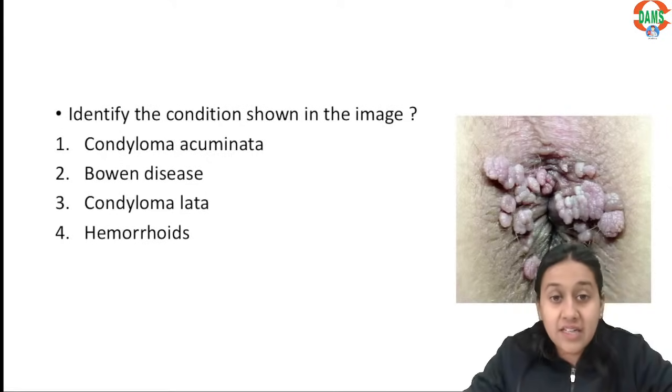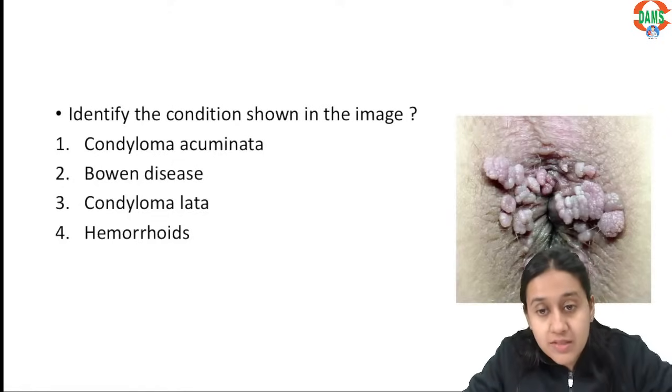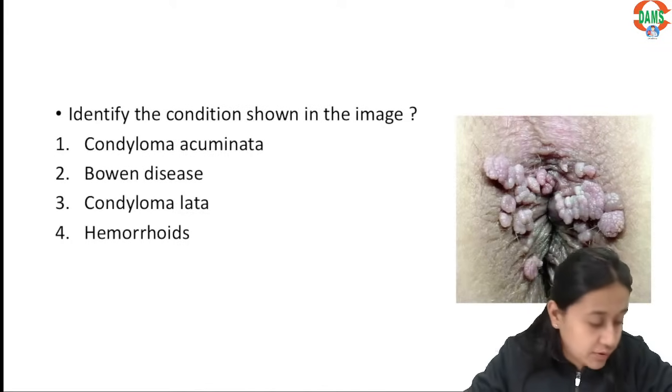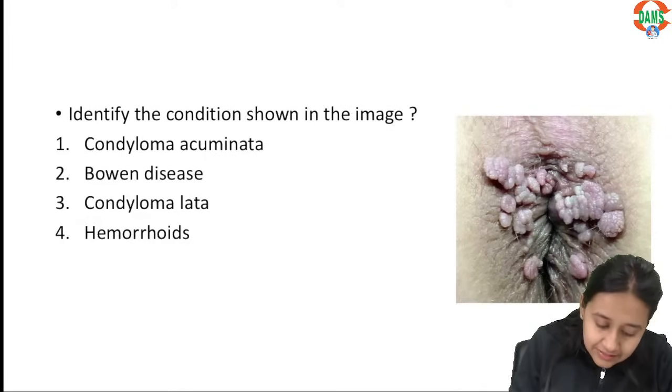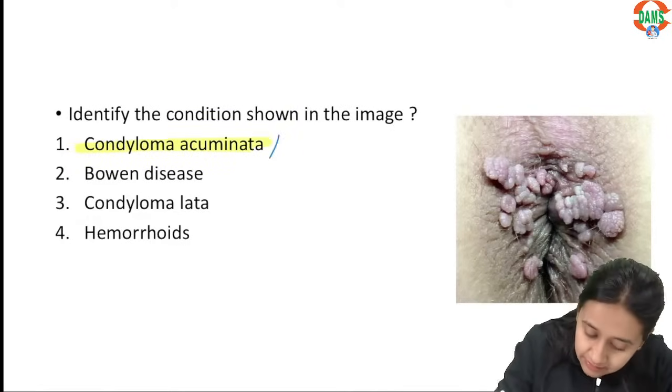What is the answer? Identify the condition shown in the image: condyloma acuminata, Bowen's disease, condyloma lata, and hemorrhoids. Very nice, I think everybody knows about this. This is a very classical example of condyloma acuminata, which is nothing but the genital wart.